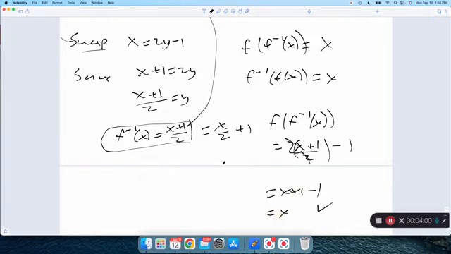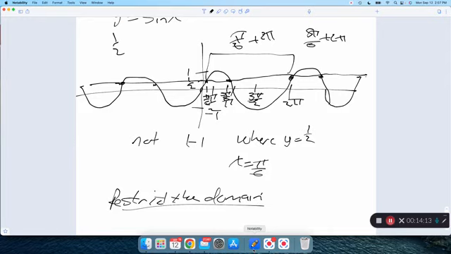So what we have to do is the same thing we did with x squared. We have to restrict the domain. We want to pick some section of this graph y equals sine of x that is 1-to-1 and covers my entire range.